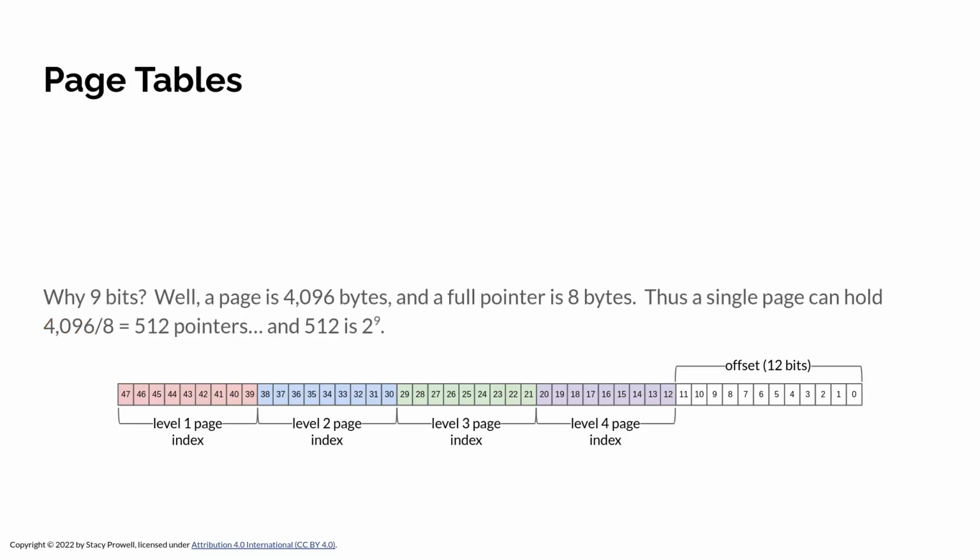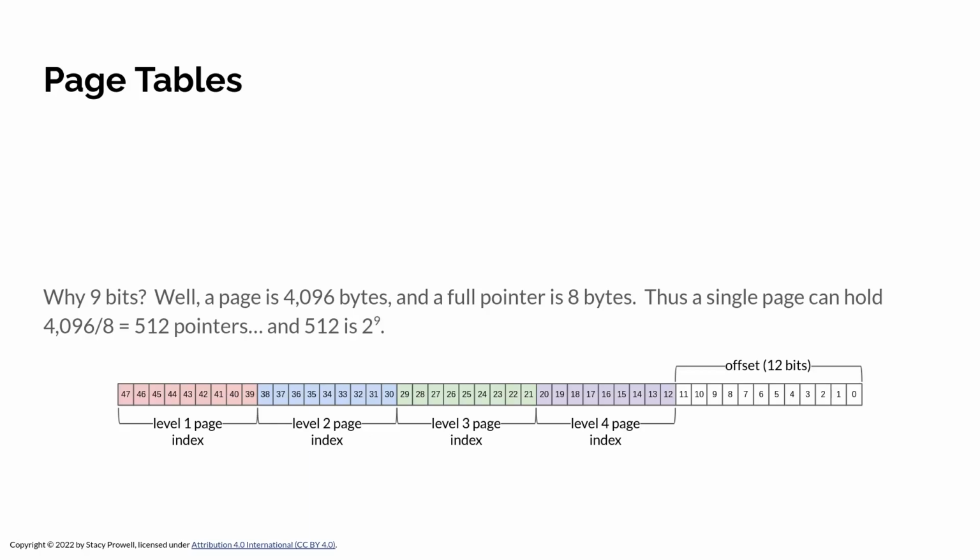Why 9 bits? Well, a page is 4096 bytes. A full pointer is 8 bytes. So a single page can hold 512 pointers. Think of this for a minute. I've got a page, it's 4K, and I'm going to have that page hold pointers, other 64-bit addresses.